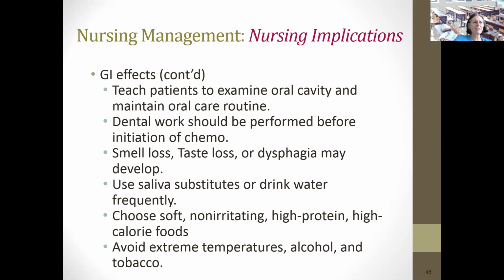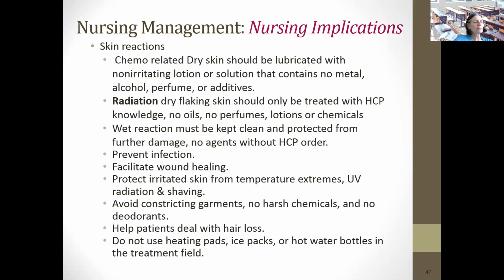You don't want high acid foods. So not fresh tomatoes with potato chips, right? Because that'll irritate your mouth. Not chili powder at this moment, right? Because that's going to be irritating. So high protein, high calorie, non-irritating, soft, easily chewed foods. No alcohol, not too hot, not too cold, and no smoking. Need I say it?